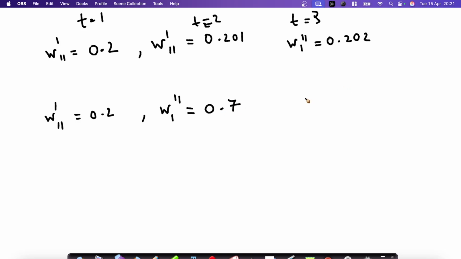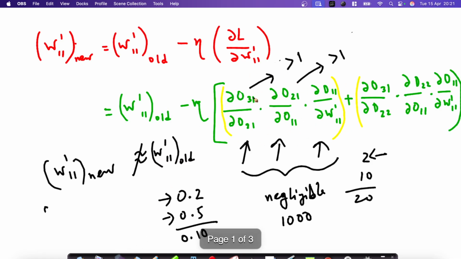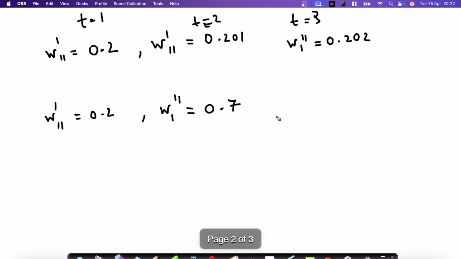Let us say 0.7, because we get this particular value as very different. Let us say 0.5. So 0.2 minus 0.5, and we'll get a value which is very different from the old W. Because of that, these values will change much.